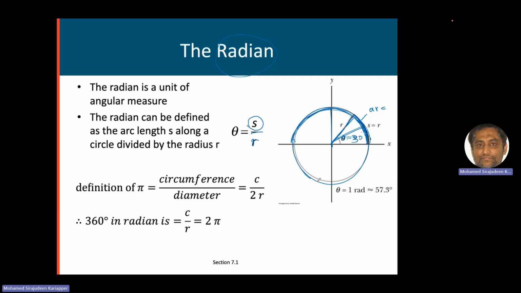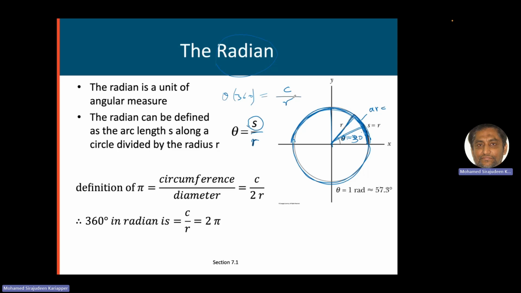So 360 is the whole circumference. So if you want to get the angle 360 in radian, the S will be the circumference. You all agree with that? Because the arc will be the whole circumference, divided by the radius. So if we can somehow get the radian for 360 degrees, that's our purpose.